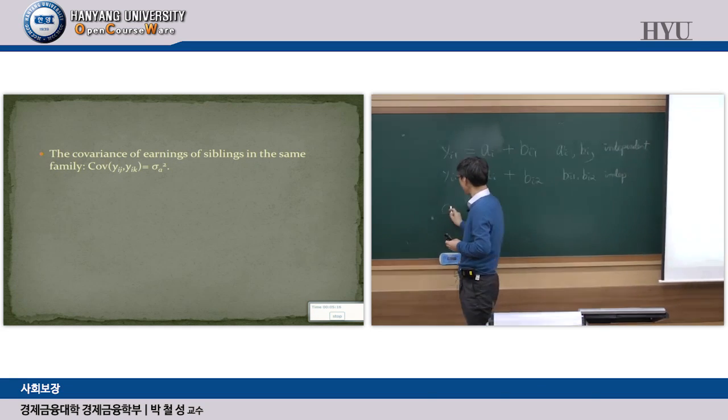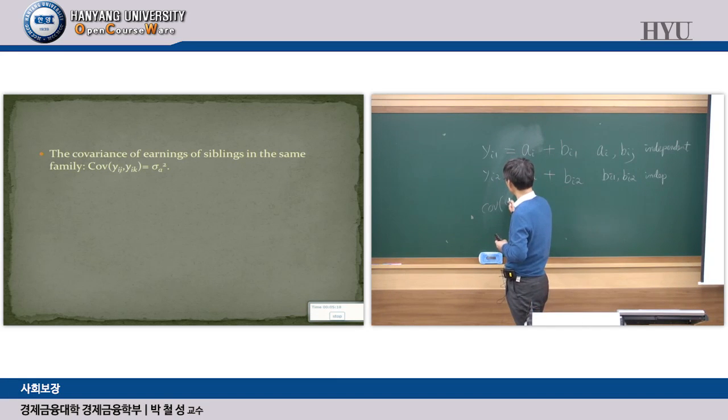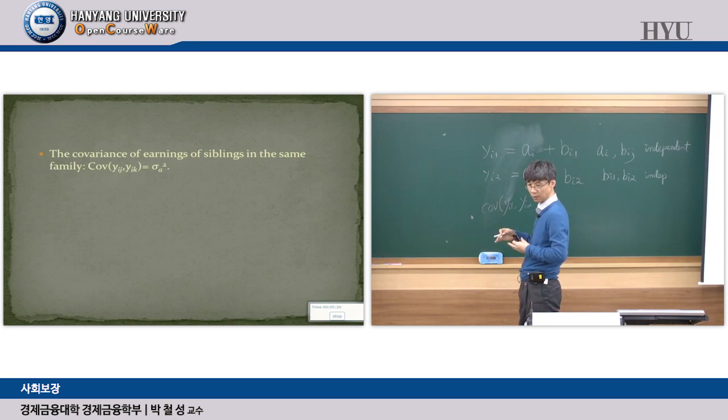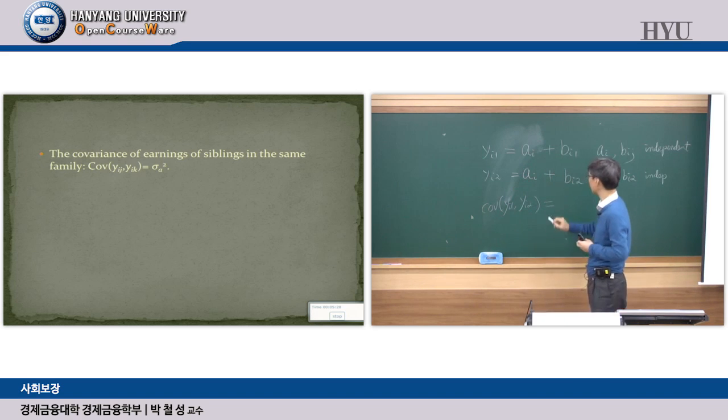Now we can think of the covariance between Yi1 and Yi2. What determines the first brother's and second brother's income moving together is only the A factor, because Bi1 and Bi2 are independent, Bi1 and Ai are independent, and Bi2 and Ai are independent.